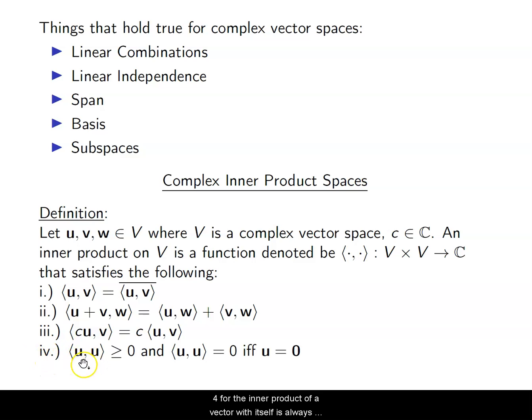For the fourth, the inner product of a vector with itself is always positive or zero, and the only way it can be zero is if u is the zero vector. So these are the exact same definitions from before, except for the first, where the order is still switched. I just didn't switch it here, but it's a complex conjugate.